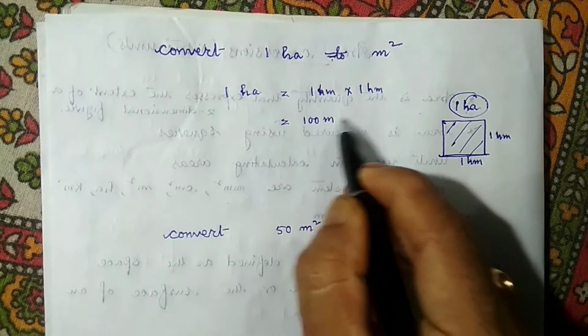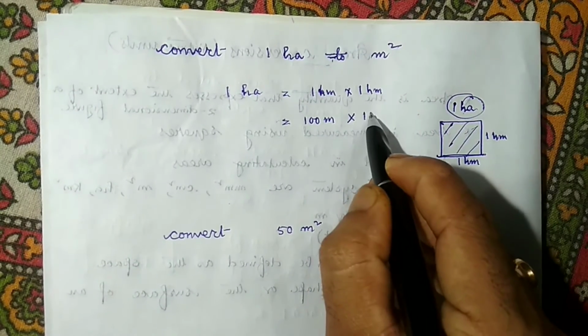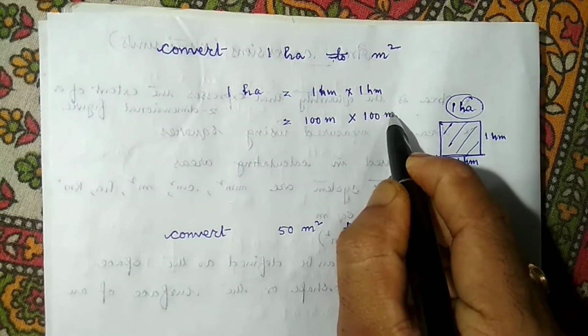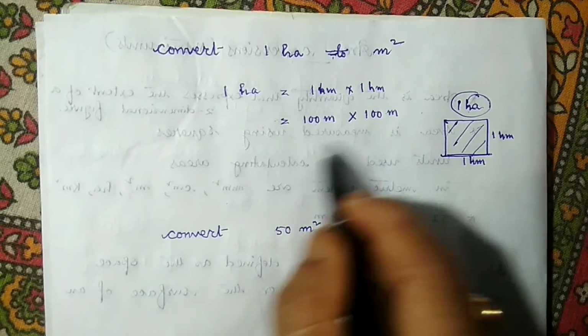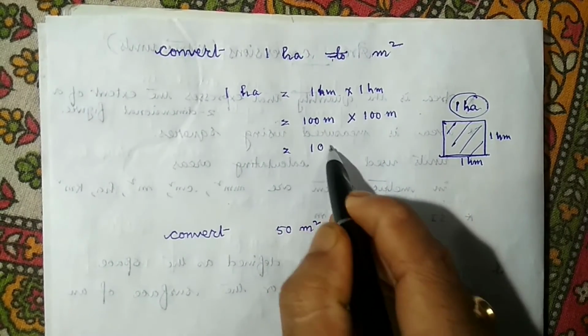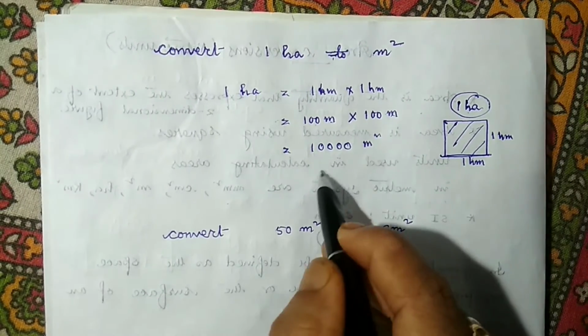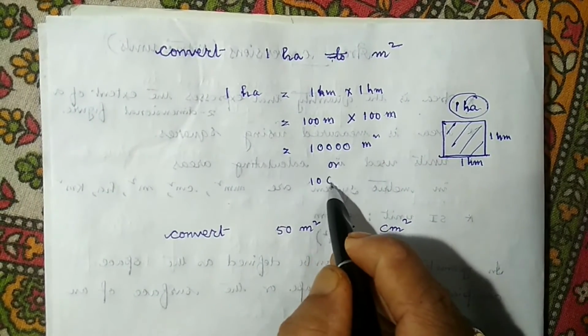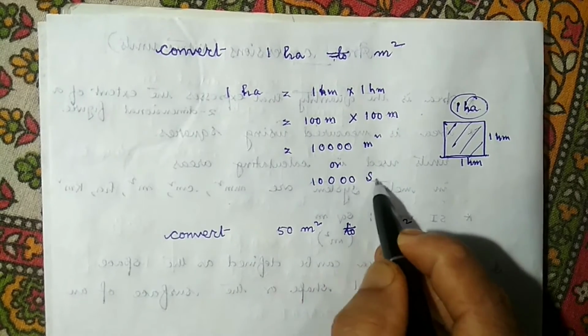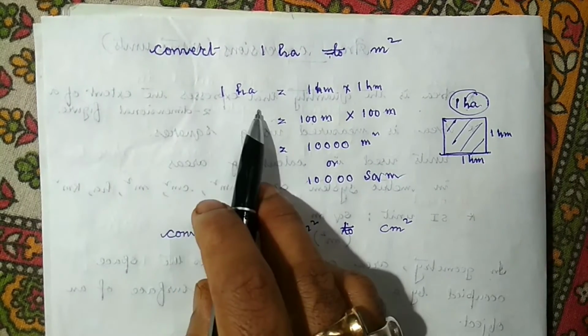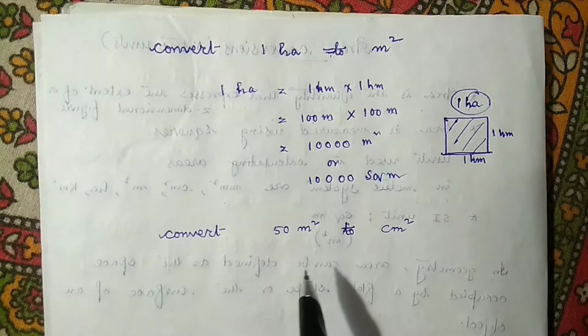From my previous video, I hope you have already understood how I am getting 1 hectometer to meter. Now 100 meter into 100 meter, 1 followed by 4 zeros, and meter into meter, meter square, which can be written as 10000 square meter. So 1 hectare equals 10,000 square meter.